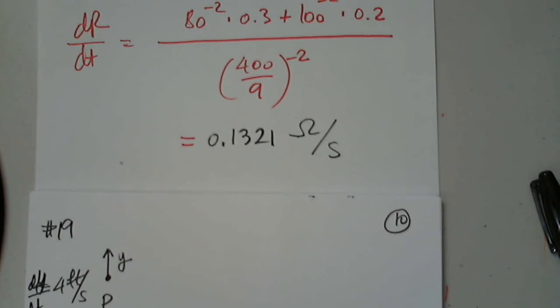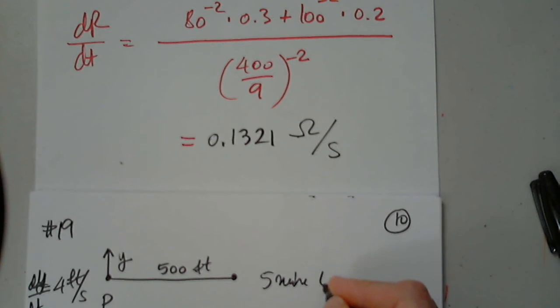5 minutes later, a woman starts walking south at 5 feet per second from a point 500 feet due east of P. Again, feet, and it says 5 minutes later.